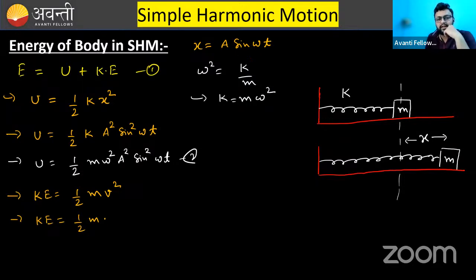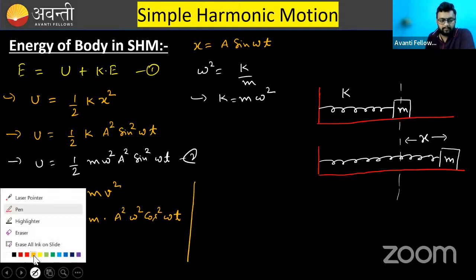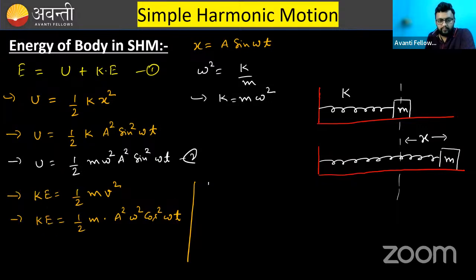If you differentiate it, you will get v, and it will be A square omega square cos square omega t. So we got kinetic energy, we got potential energy. Now we need to put these two values in equation 1.